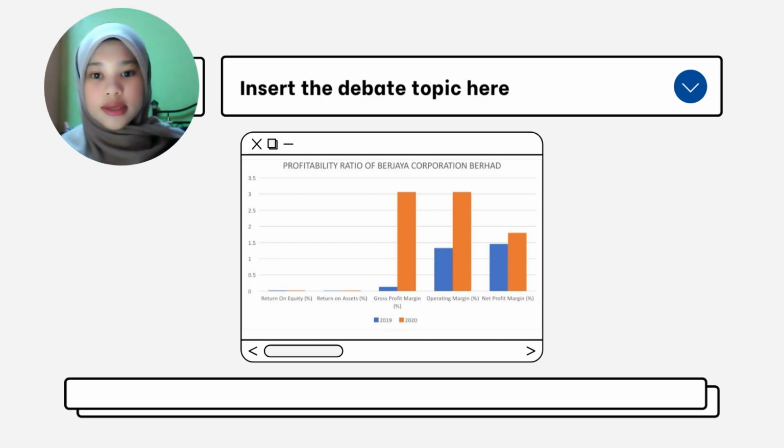And lastly, the data for the profit margin in 2019 is 1.46%, and for 2020 is 1.08%. I think it's because of COVID-19, so it increased a lot after the MCO. Thank you.